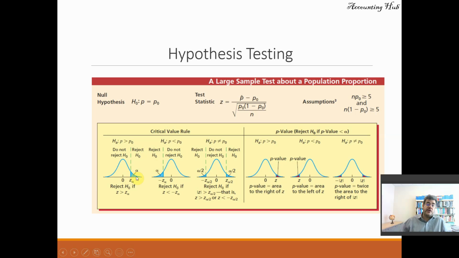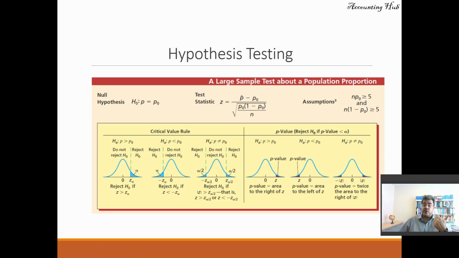With the critical value, we compare with our alpha and then upper tail test, lower tail test, or two-tail tests, or we can work with the p-value where we have here the upper, lower, and the two-tail. In Excel, it's much easier to work with the p-value. For the critical value, you need the stats table, and we don't usually have the stats table on hand, so the p-value is much easier. We compare with our alpha.